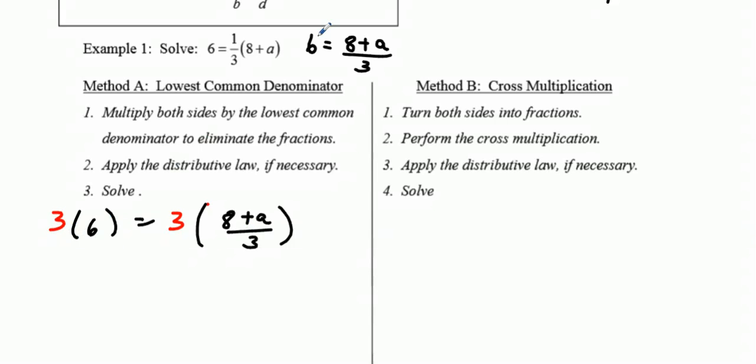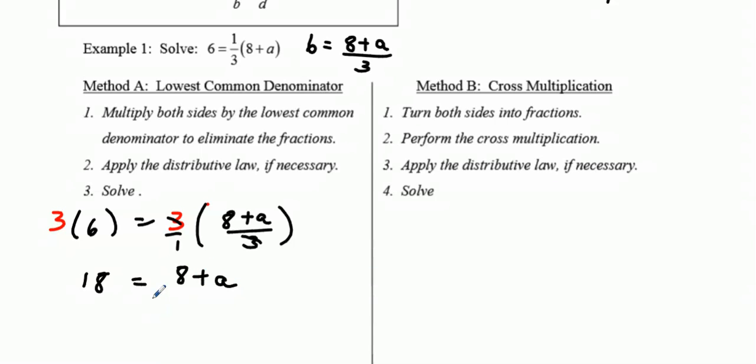Okay, so 3 times 6 is 18, and I'm going to not distribute that 3 through. This is like 3 over 1, remember, and I could multiply the tops and the bottoms. But what I'm going to do instead, because this whole thing is being divided by 3, I can cancel these 3's. And I'm just going to be left with 8 plus a.